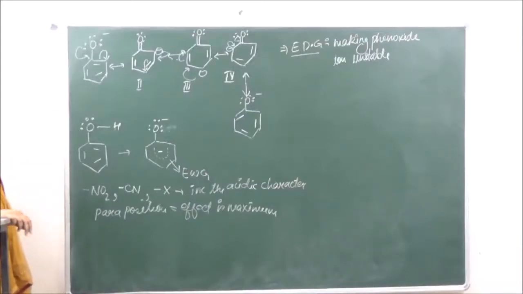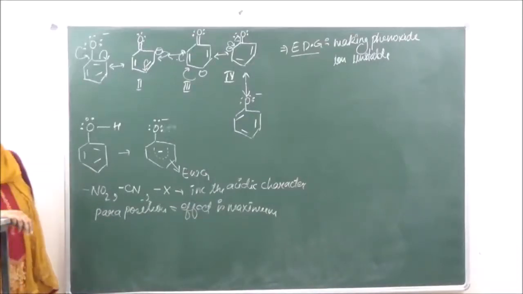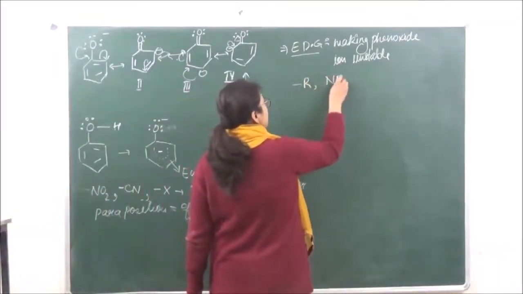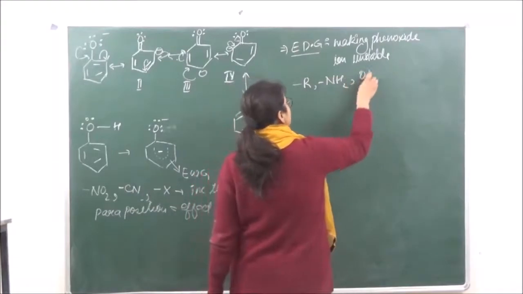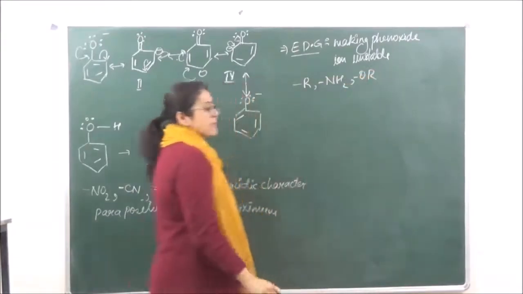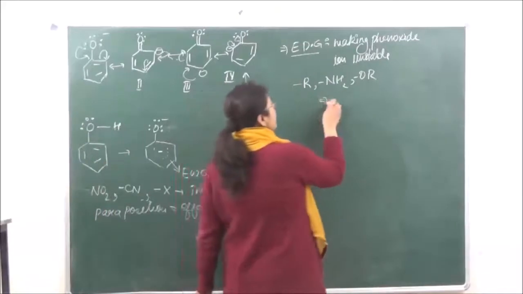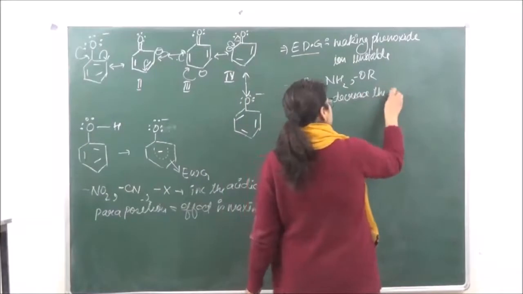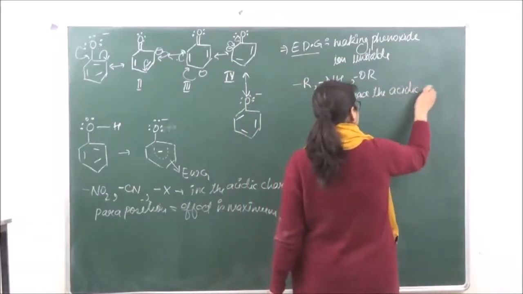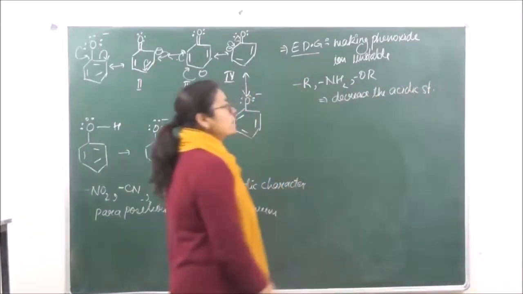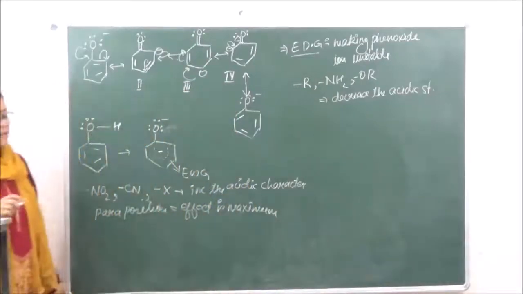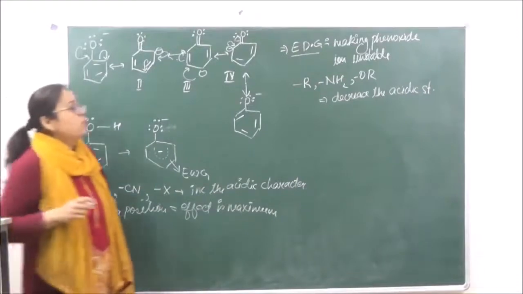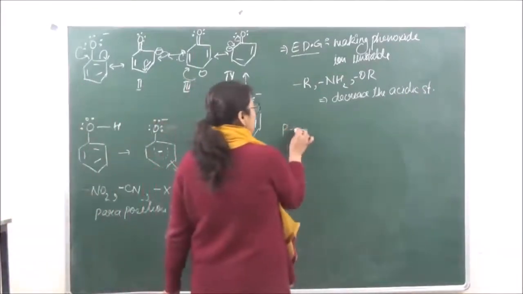So electron donating groups such as alkyl group, amine group and alkoxy group are going to decrease the acidic strength.